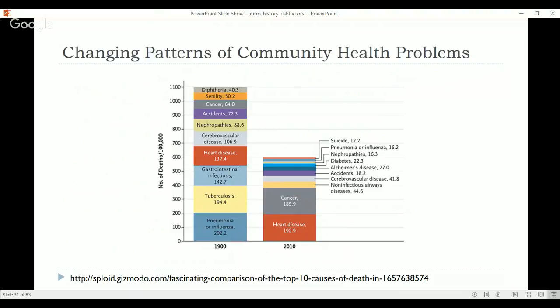We now know that to be untrue, right? There's been a lot of zoonotic and emerging infectious diseases that still remain a problem. So you could think of things like HIV in the 80s, Ebola being recognized as a new infectious disease in the 70s, or even Zika virus now, right? But for the most part now, people don't die from infectious diseases. They actually die from things like cancers and heart diseases.